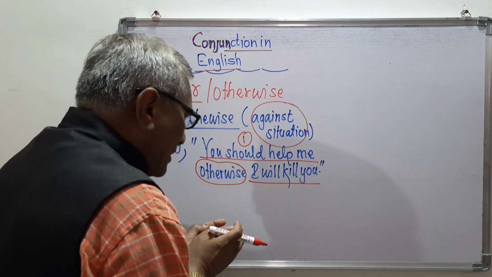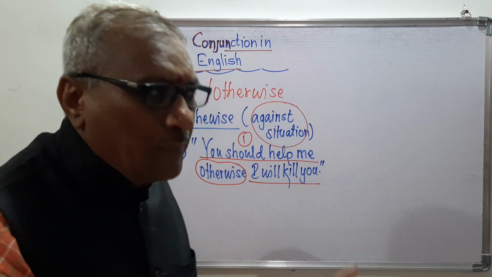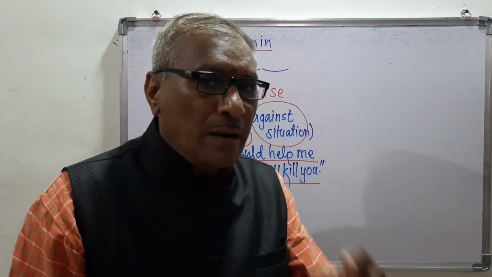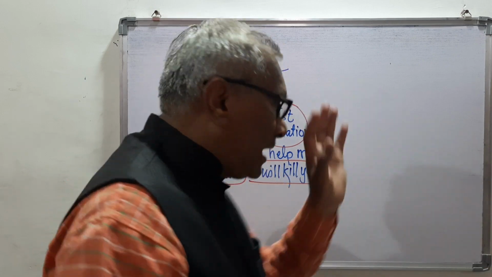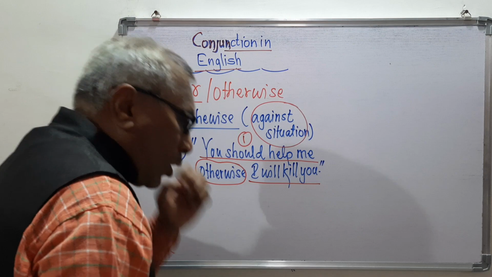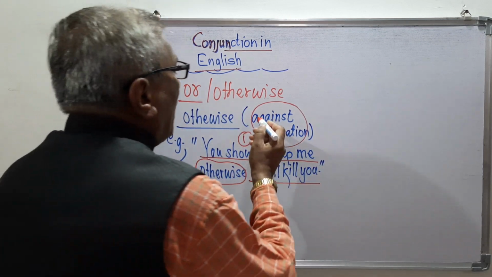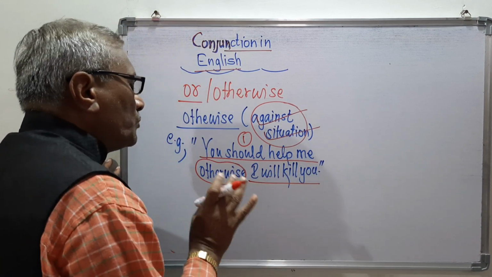It means that if that gentleman is not helping him, he will kill him. If that gentleman is helping him, then he will not kill him. And if he will not help him, then he will kill him. So this is the against situation, or this is the opposite situation.